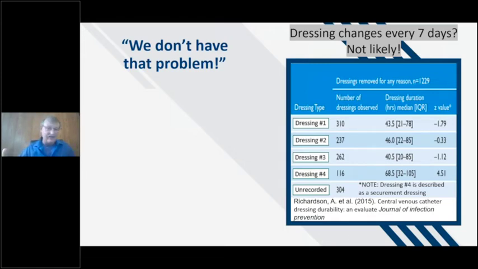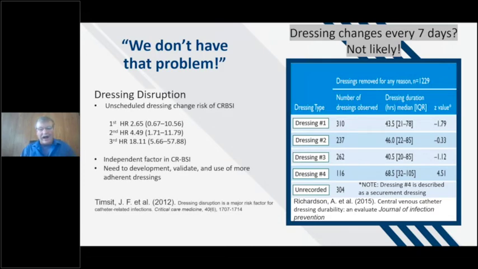This is especially true in your ICUs, and why is that important? Because in 2012, Tensit did a massive study on dressing disruption, and we know that dressing disruption is an independent factor for bloodstream infections. You see here the first dressing, second, third dressing disruption, and how the risks go up and up and up.